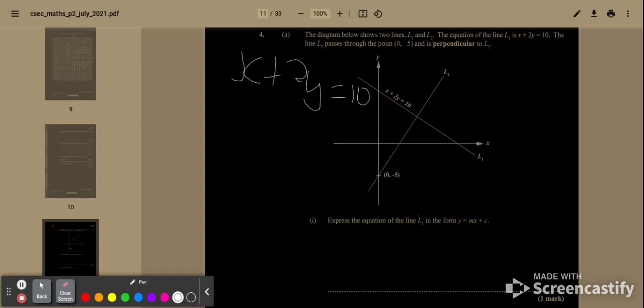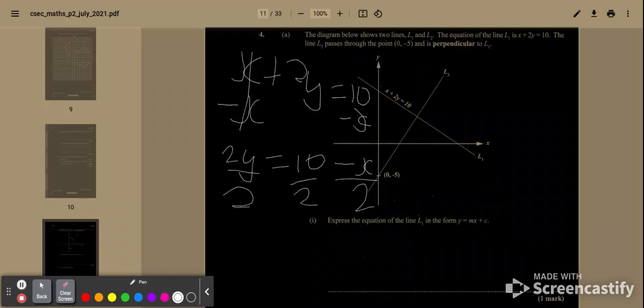First we need to get rid of this x, by doing the opposite of positive x, which is minusing x from both sides. So we're left with 2y is equal to 10 minus x. And to get y by itself, to make it the full subject, we divide both sides by 2.